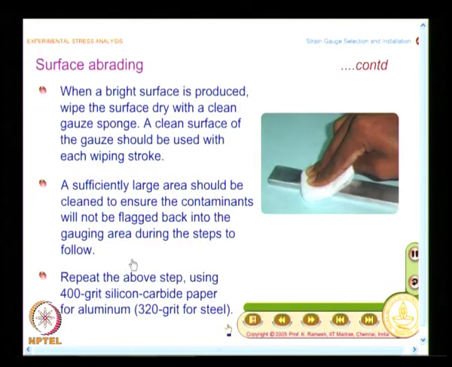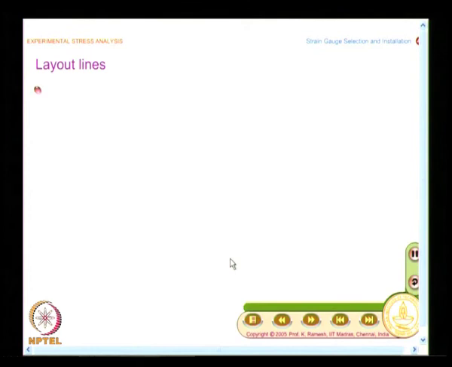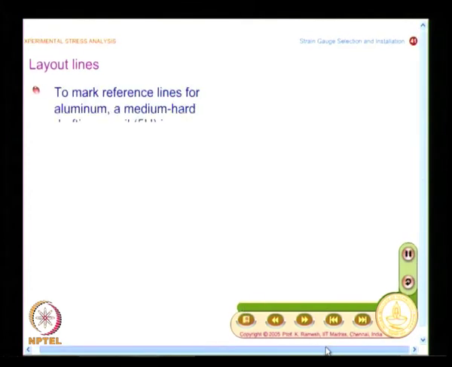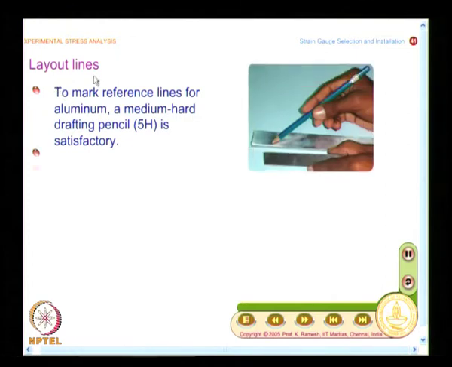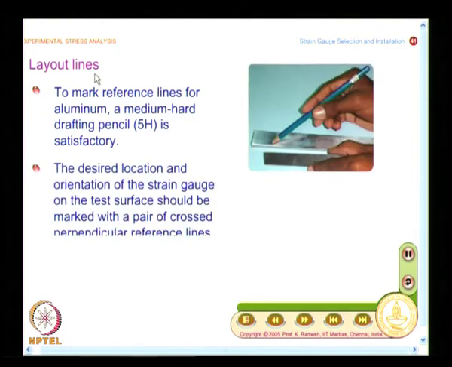And whatever you have done earlier, you have to repeat it using 400 grit silicon carbide paper for aluminum or 320 grit for steel. And the next important step is to put the layout lines, and to mark you can even use a drafting pencil for aluminum, but for the steel and other materials graphite pencil is not recommended.